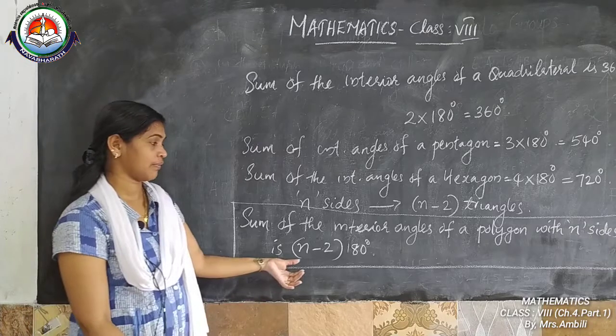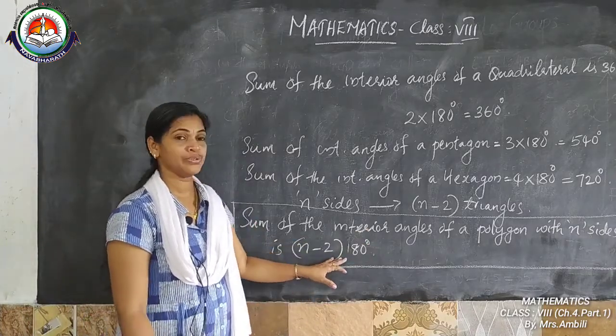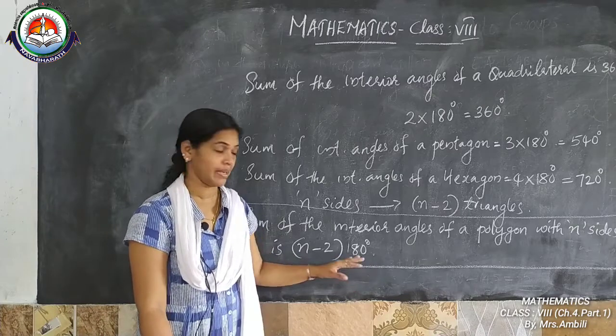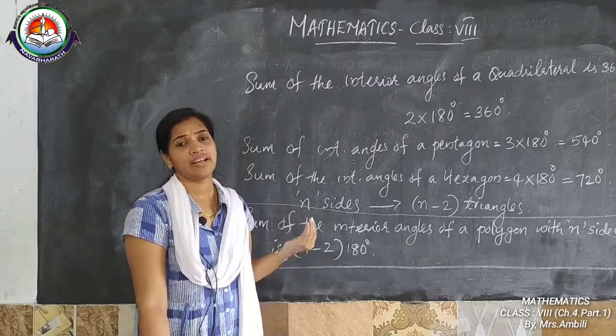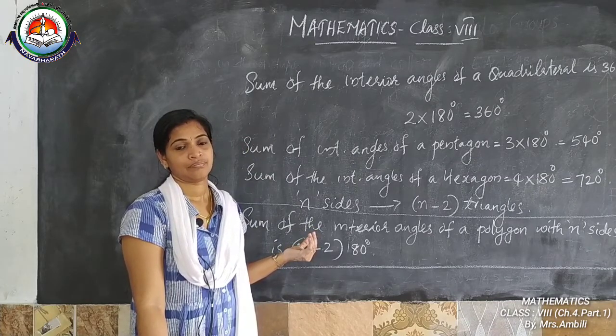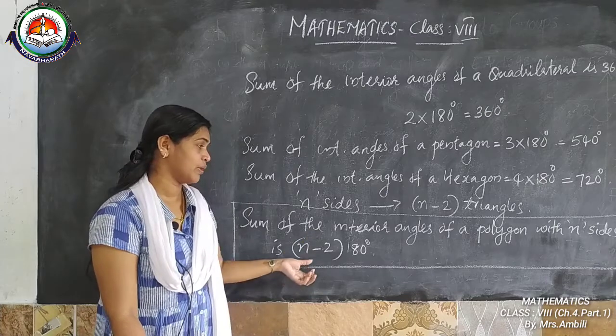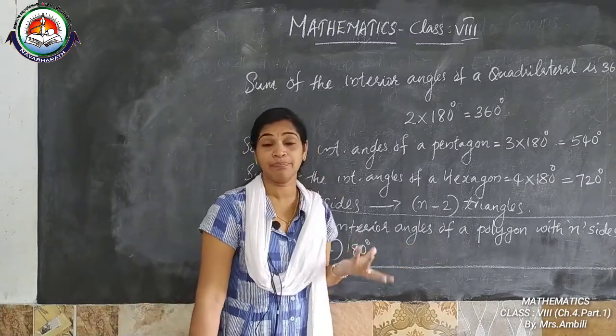What is the formula for finding the sum of the interior angles of a polygon? n minus 2 into 180 degrees. Clear? By using this formula you can find the sum of the interior angles of any polygon.